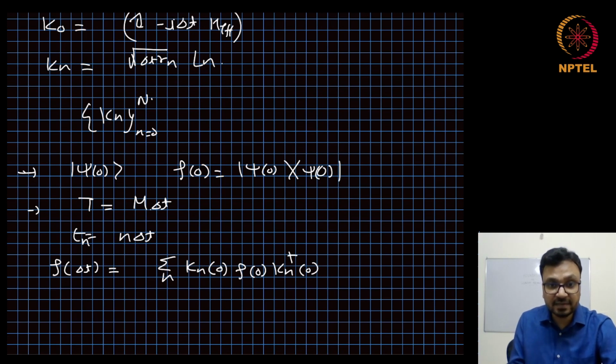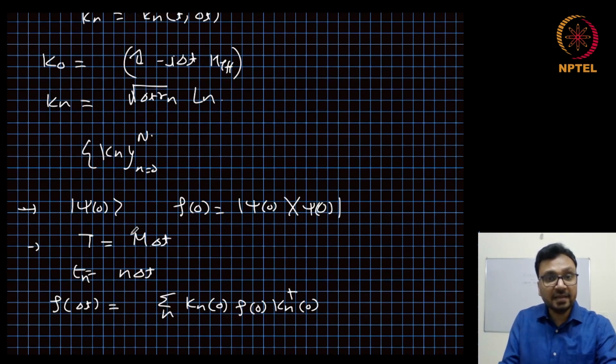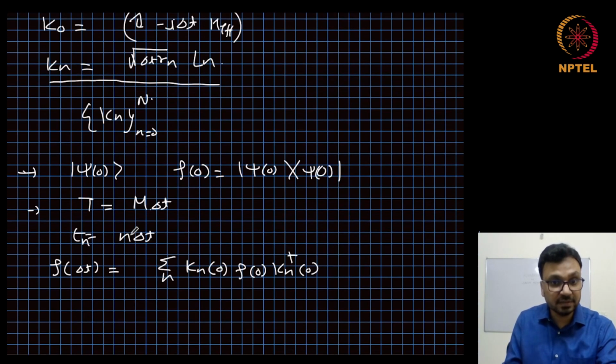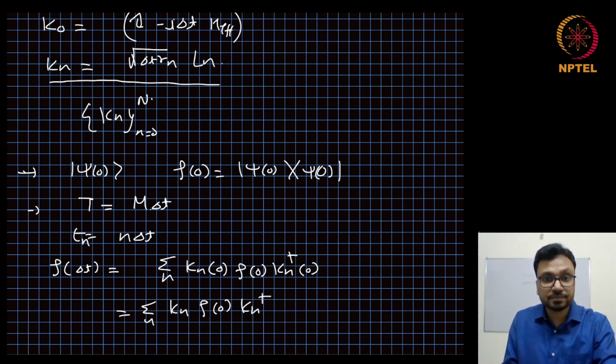So we will find Kn at time t equals 0. Let us take a simple case where Ln is time independent and gamma n is time independent, so the Kn are constant throughout. And H effective also is time independent, so K0 is also independent of time in the whole dynamics. So this Kn will not change, so this is sum over n, Kn, rho of 0, Kn dagger.